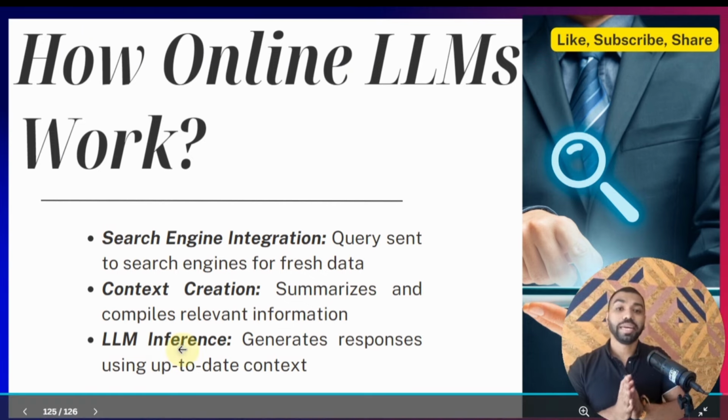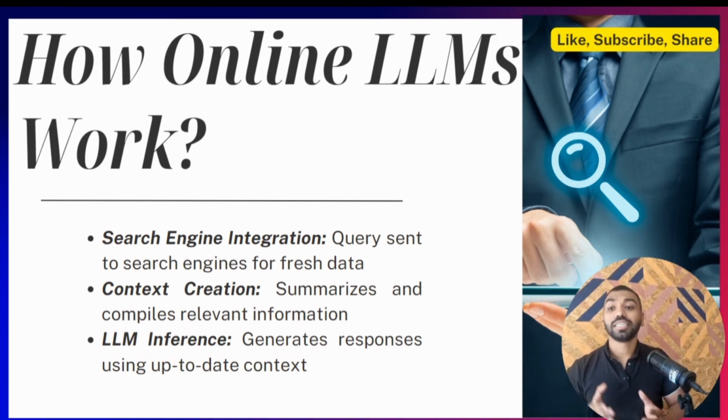Lastly is the LLM inference. The context is then injected into the prompt, and the large language model, or LLM, generates a response based on the provided context and the original query. So in simple words, you're taking an LLM and a Google search, combining them together, and boom, you have a more up-to-date response. The LLM models are now augmented and less likely to hallucinate.